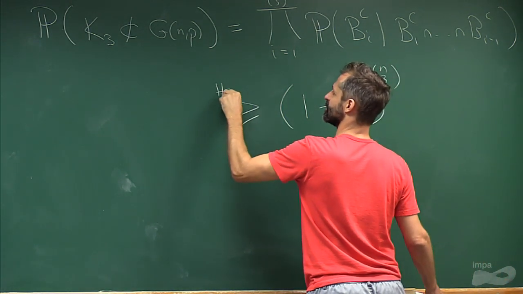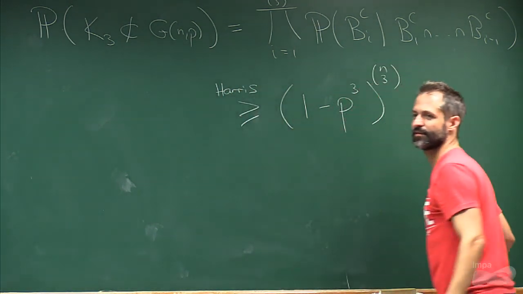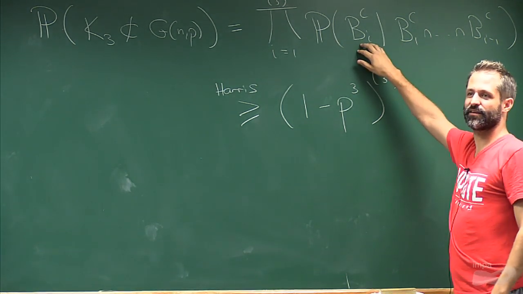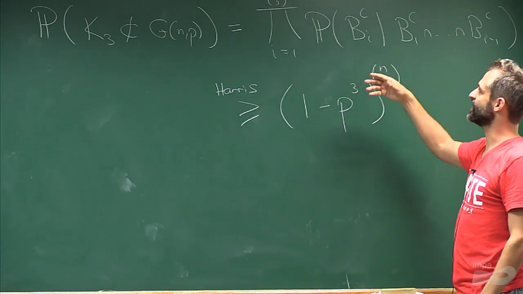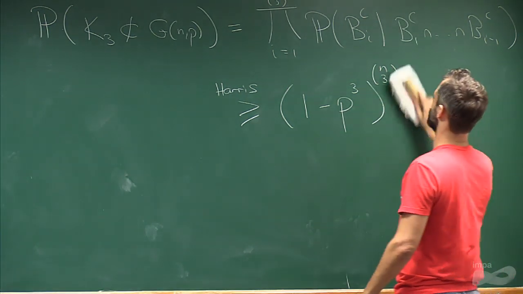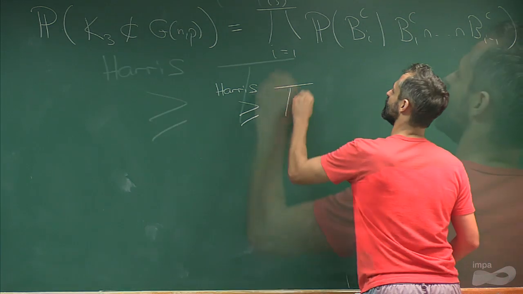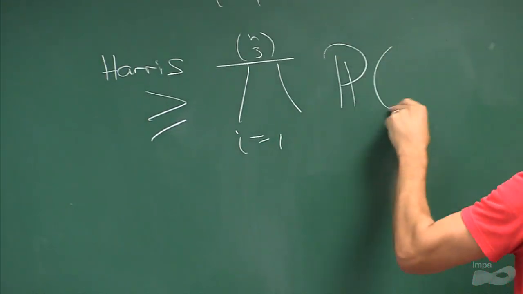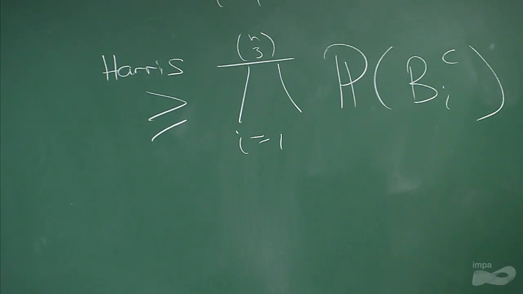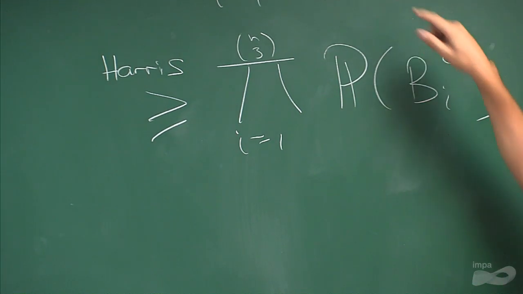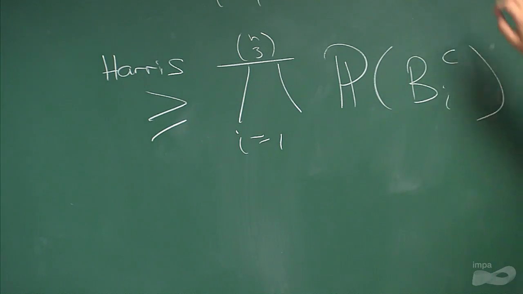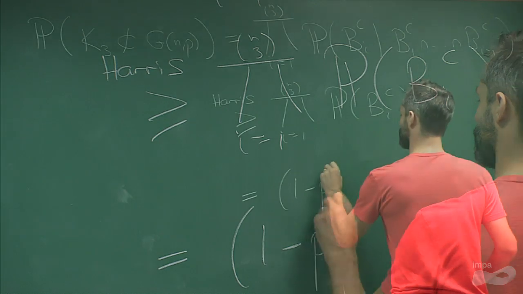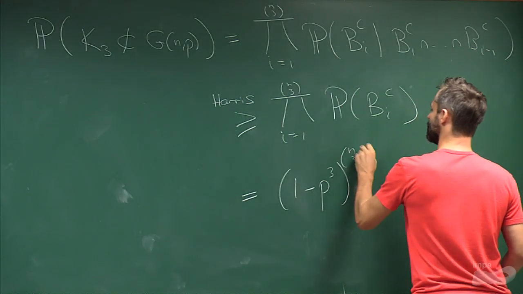This is Harris, because all of these events are decreasing, so they're positively correlated. This event helps that one, so this is more likely than this. And this thing equals (1 minus p cubed) to the n choose 3.